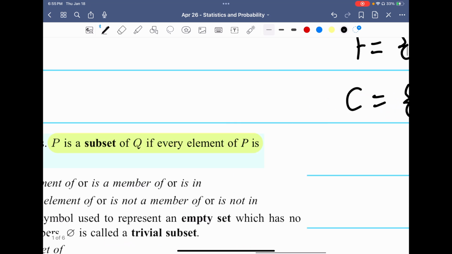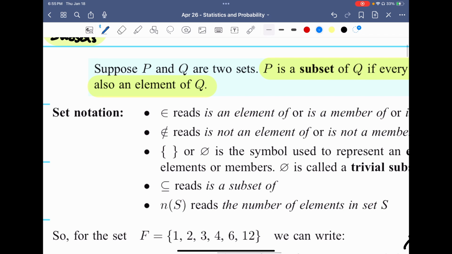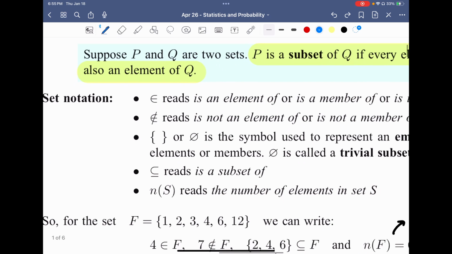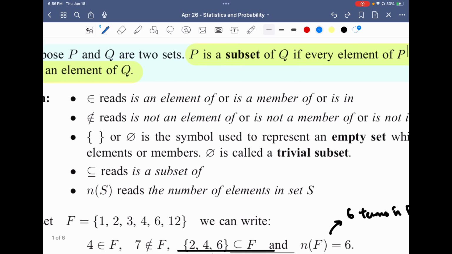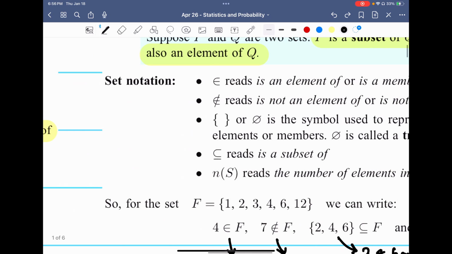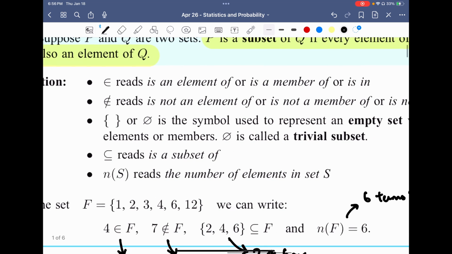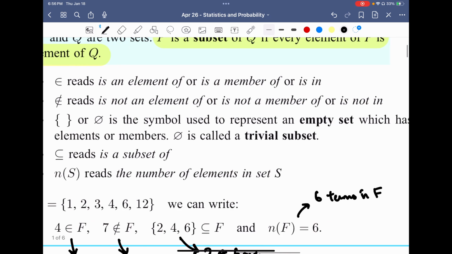All right, then here are a few notations that you have to understand when you're solving mathematical questions about statistics and probability. First is this E-looking symbol, which means the element or member of the set. And E with a line through it, normally when you have a line, like in the original notation, it means not. You know how this is an equal sign and this is a not equal sign. So this notation reads that it is not an element or not a member of the set.